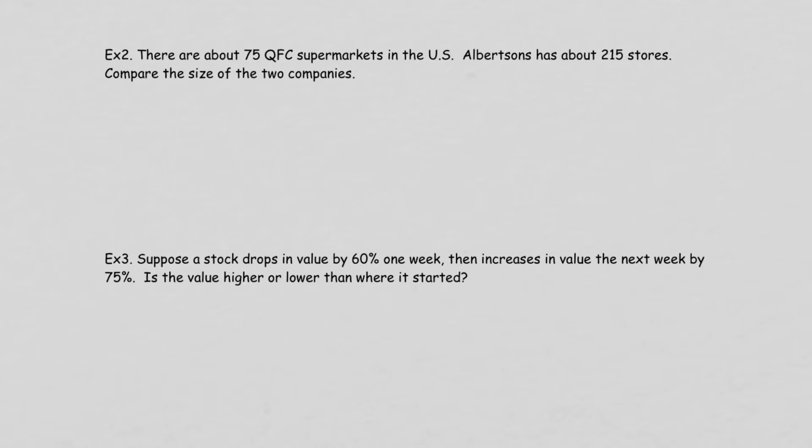You could do 75 over 215, so you're basing it on the Albertsons. This is going to give you 0.349, which is 34.9%. This means you could say QFC is 34.9% of the size of the Albertsons, because your comparison is on the Albertsons.